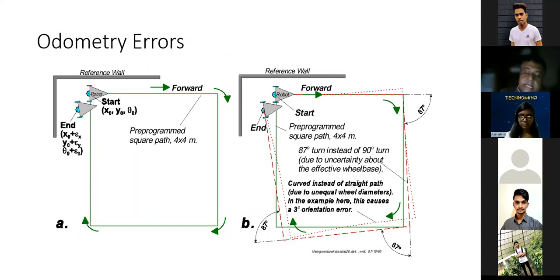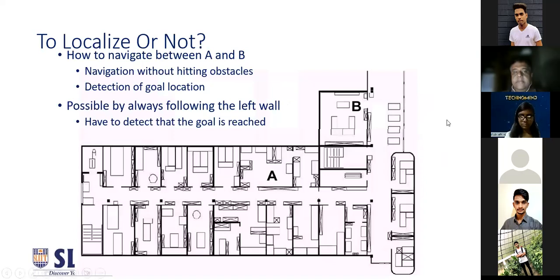But sometimes the task may not require that. For example, if the robot is at point A in this building, and if it is supposed to go to B, right? If that is the task, and if you have the freedom to use different techniques to achieve this task, then there are other robust methods. Because to move from A to B, there are multiple paths, right?